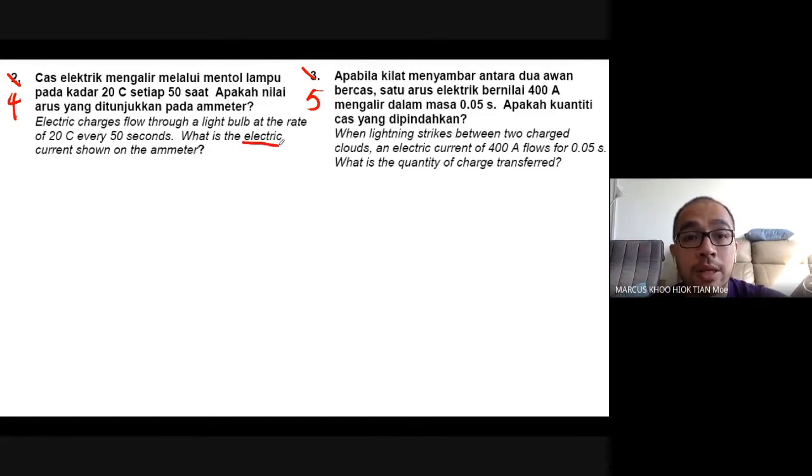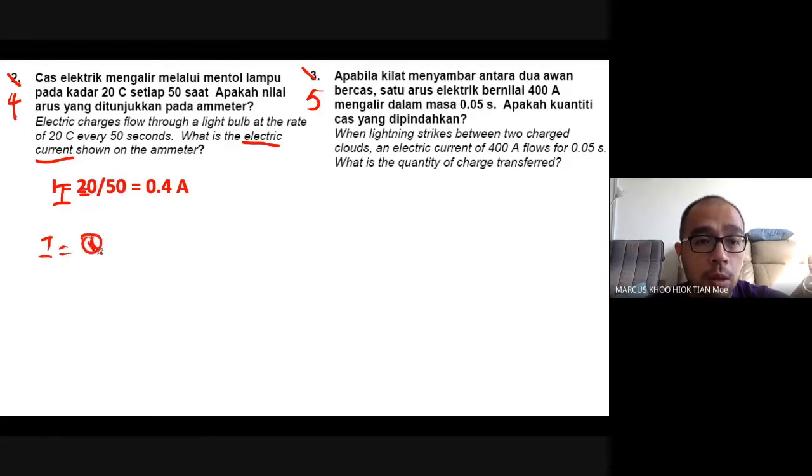So the question is asking us to find the electric current. Formula is I equals Q over T. And we can use 50 directly because it is just 50 seconds. So it is 0.4 amps.